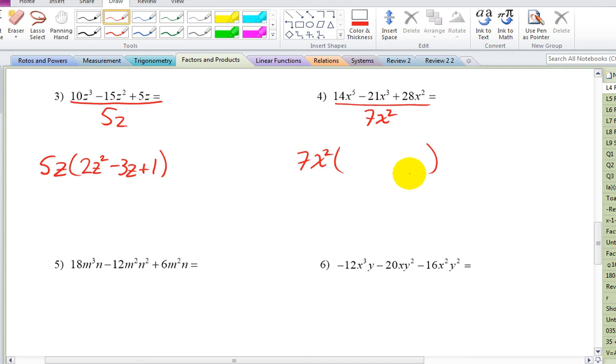What's the first term? Kayla. 2x. Thanks, Kayla. That's okay. Kayla, next middle term. Good. Last term. Kaya. Good. Plus 4. Perfect. Hands up, you got that.